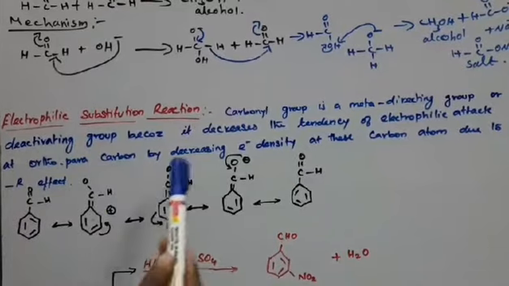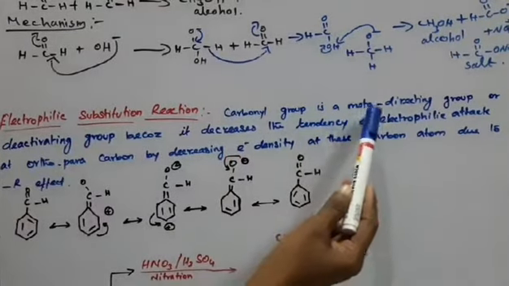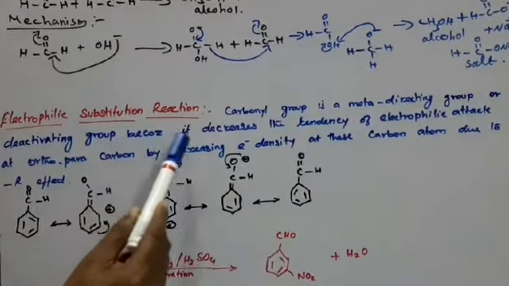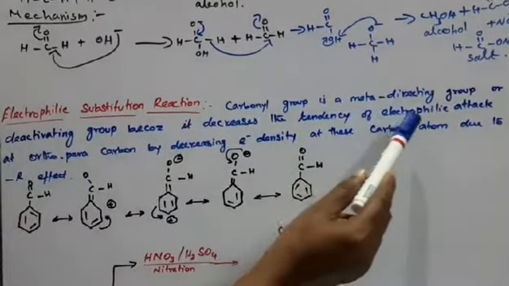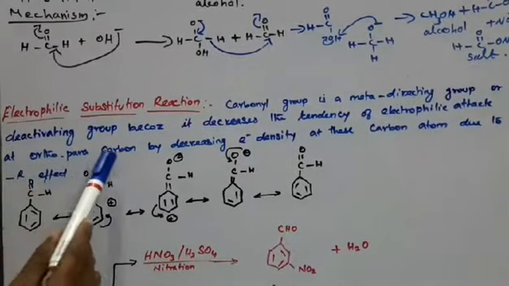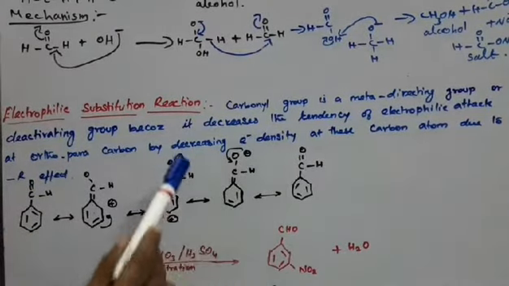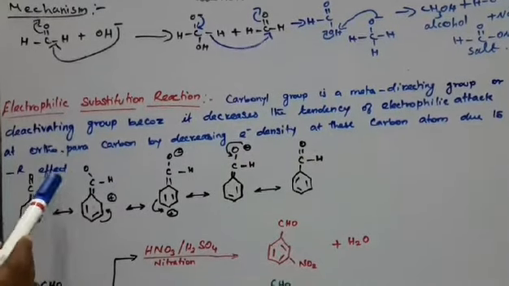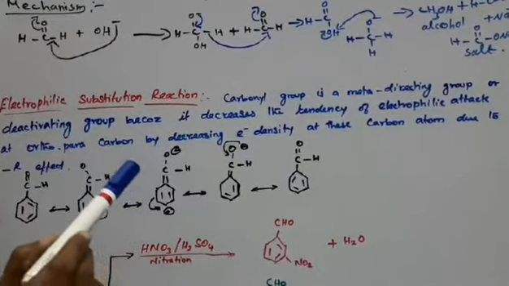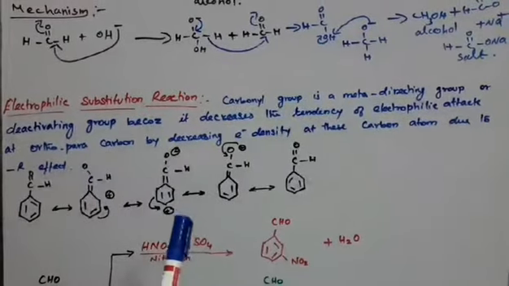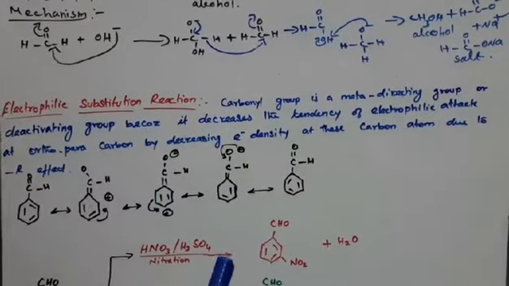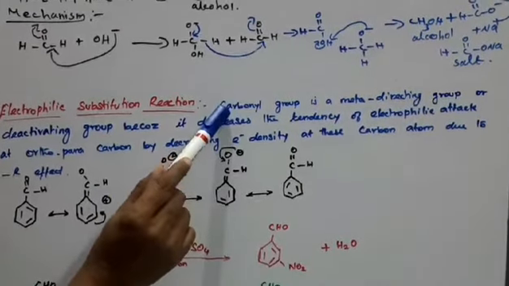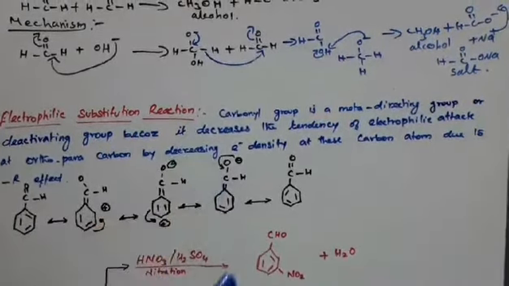So here we are studying that the carbonyl group is a meta directing group or deactivating group, because it decreases the tendency of electrophilic attack at the ortho para carbon by decreasing electron density at this carbon atom due to the minus R effect. So students, keep it in your mind, the carbonyl group is a meta directing group and ortho para deactivating group.